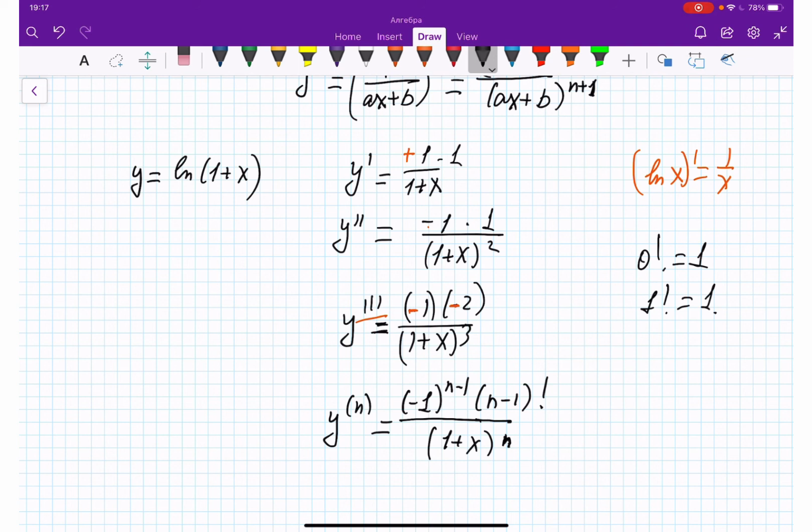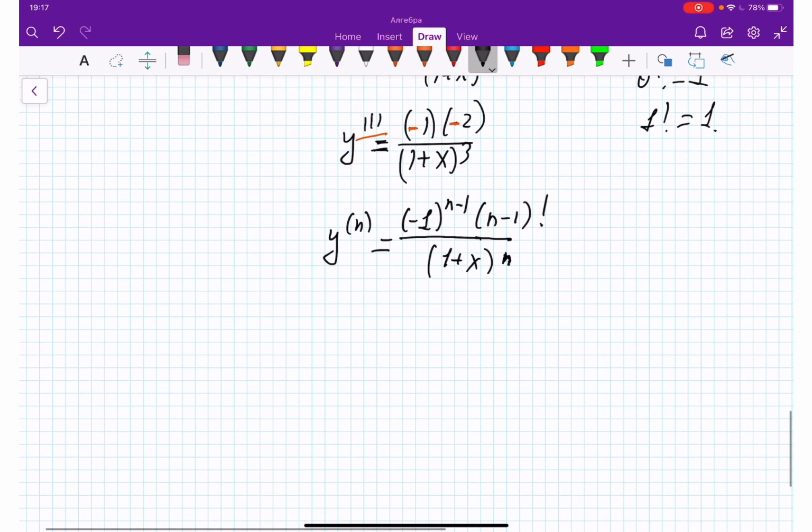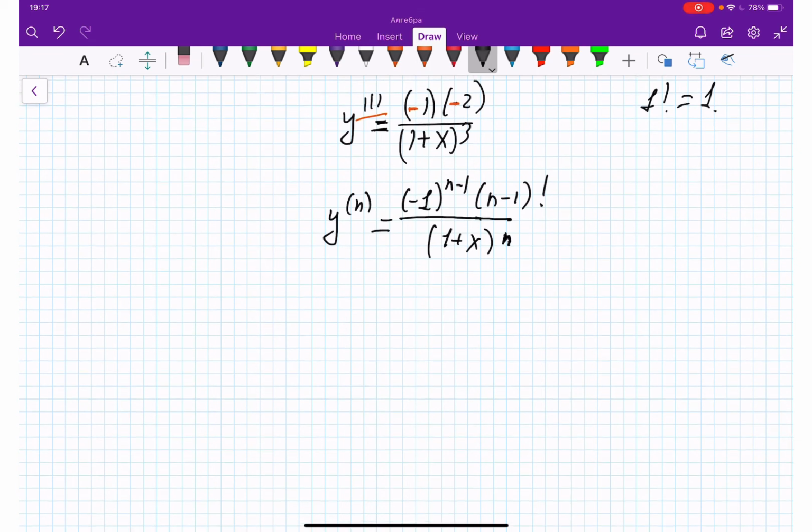Okay, let's solve the next one also. I'm doing y equals 1 over x squared minus 5x plus 6.